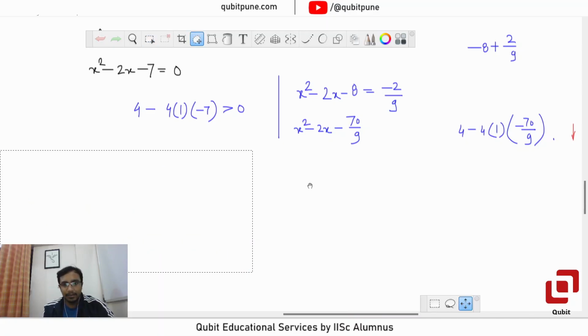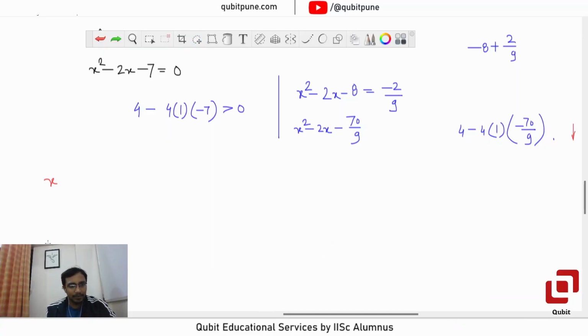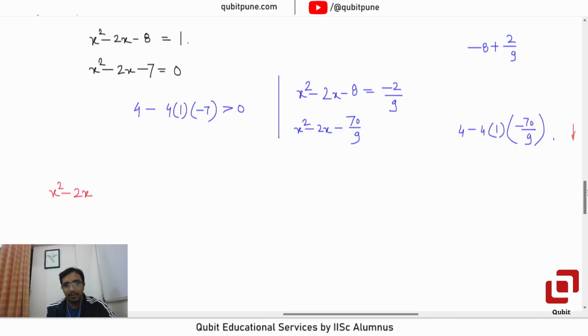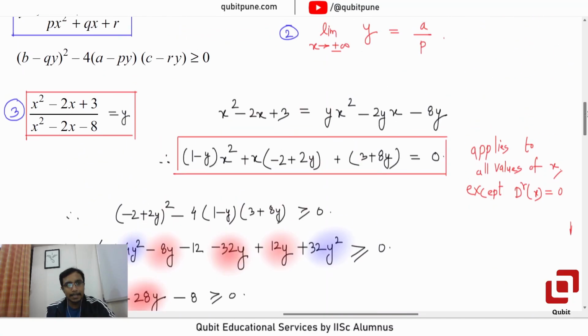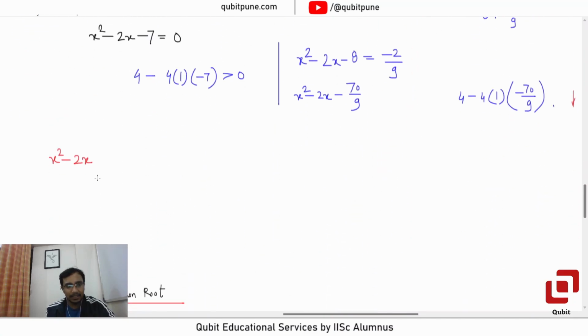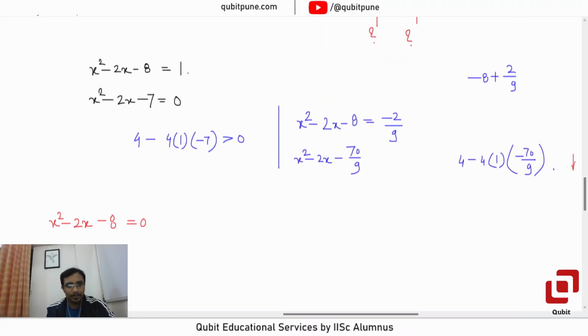Let's try to determine the roots of that equation. x squared minus 2x minus 8. Minus b, so 2 plus or minus root of b squared minus 4ac, upon 2.